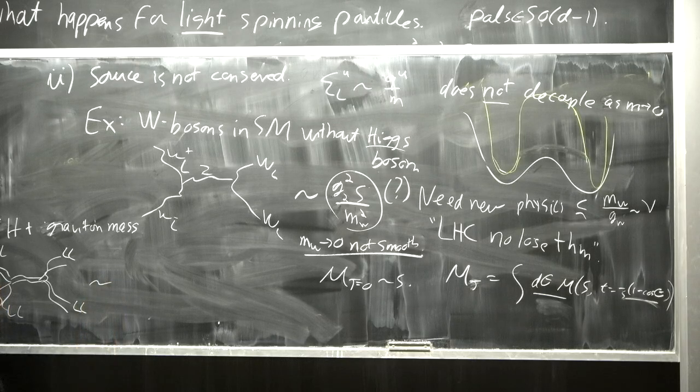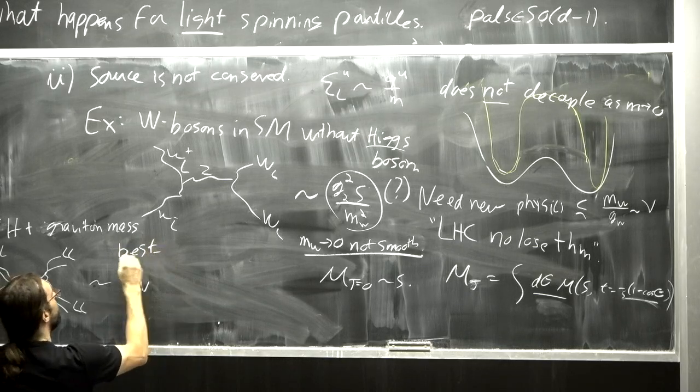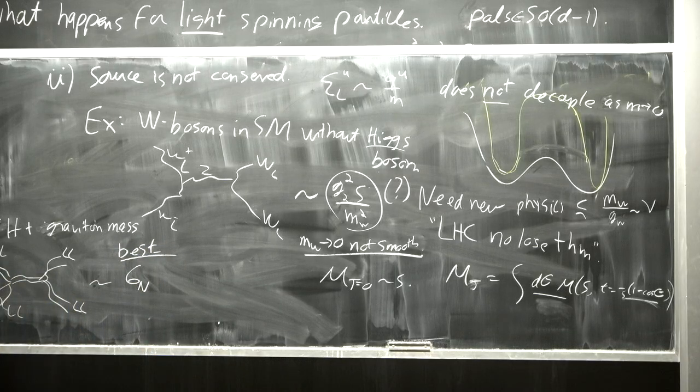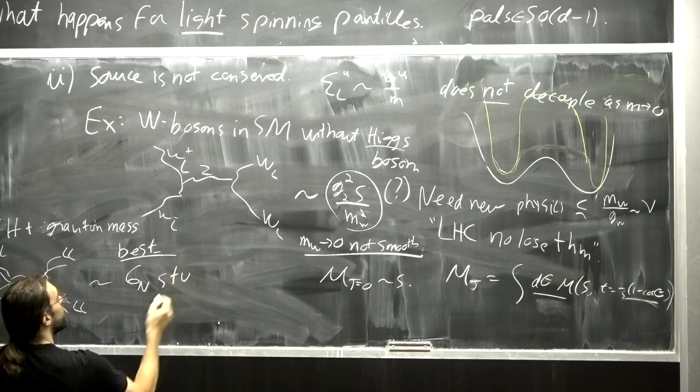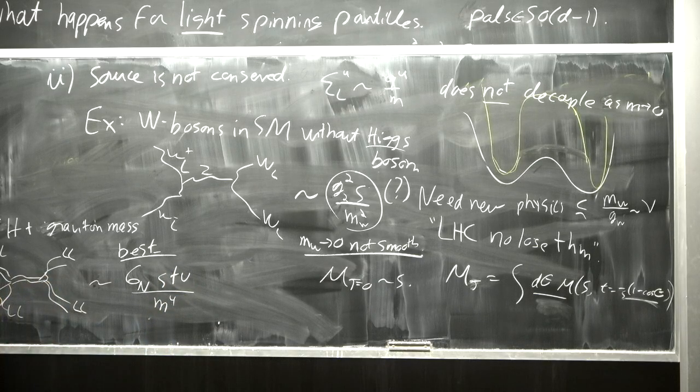And now what you find is that this thing grows with energy very fast. So the massless limit of gravity is very not smooth, the so-called van Dam-Veltman-Zakharov discontinuity. And what you find is that this amplitude grows like G Newton. And the best you can achieve, if you fine-tune the couplings to the best of your ability, is something that goes like STU over M to the 4, let me call it MH, for mass of the graviton. Okay. It grows very fast with energy.